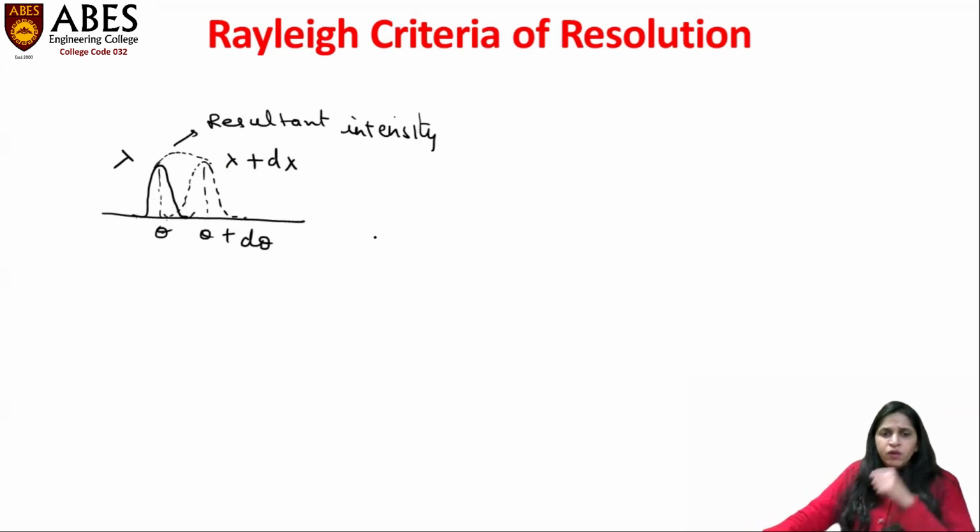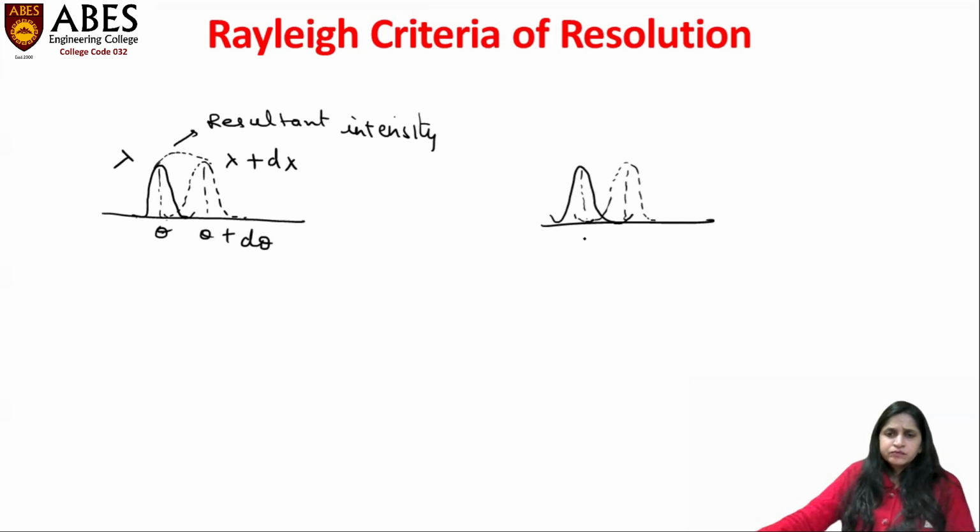Let us draw another diagram. This is theta, and again theta plus d theta, or theta dash, with lambda and lambda plus d lambda.